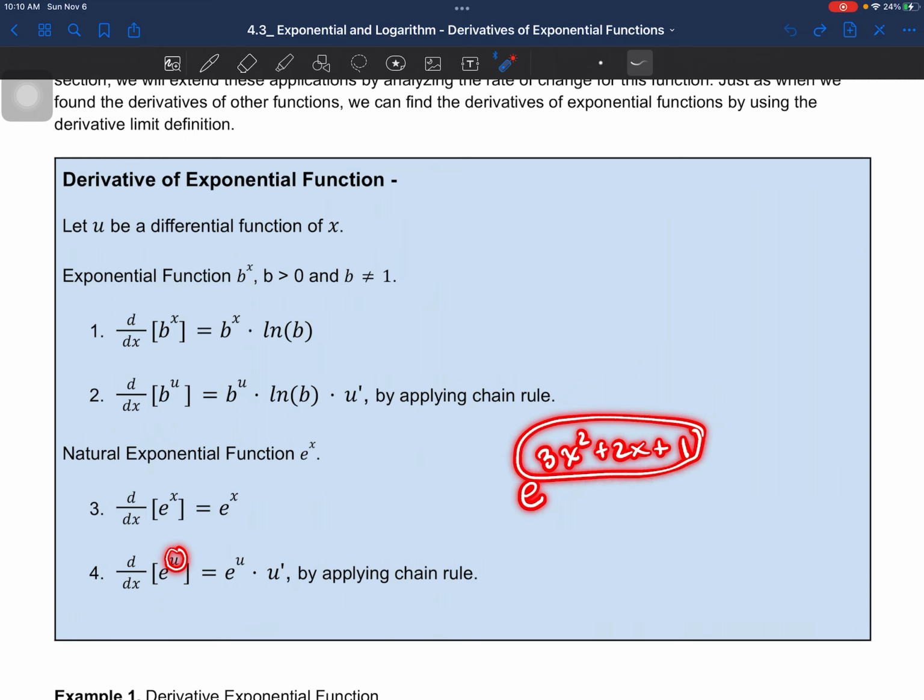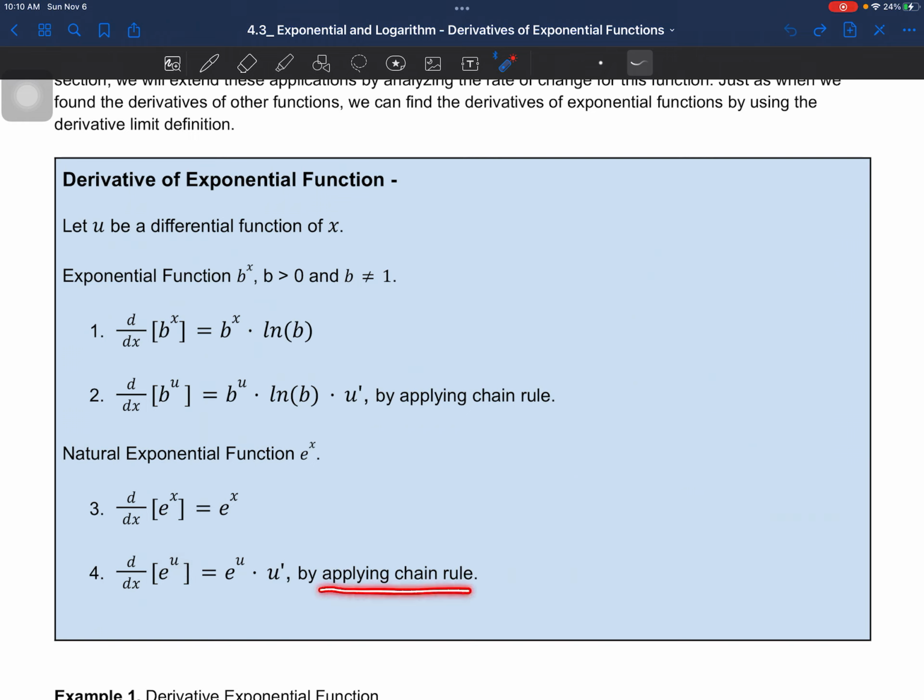So the next example: what's the derivative of e to the u, assuming that u is, let's say, 3x squared plus 2x plus 1, a function of x? What we're going to do is exactly the same thing. We're going to apply the chain rule. I always assume that this is your inside and the exponential is the outside. So the derivative of the exponential is going to be e itself.